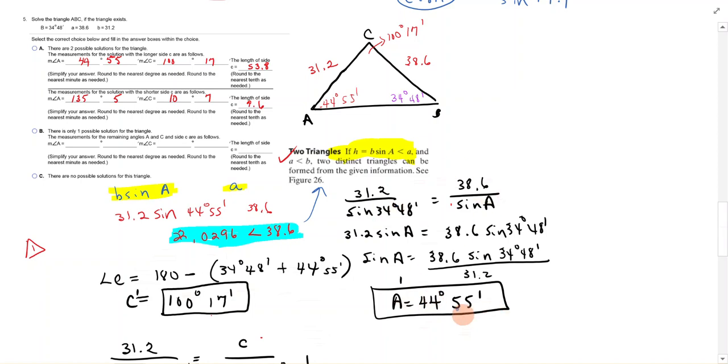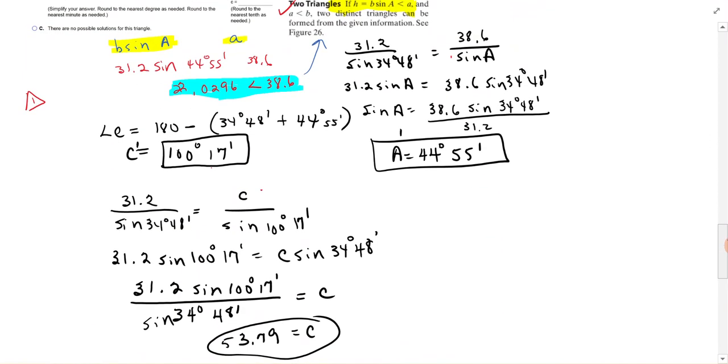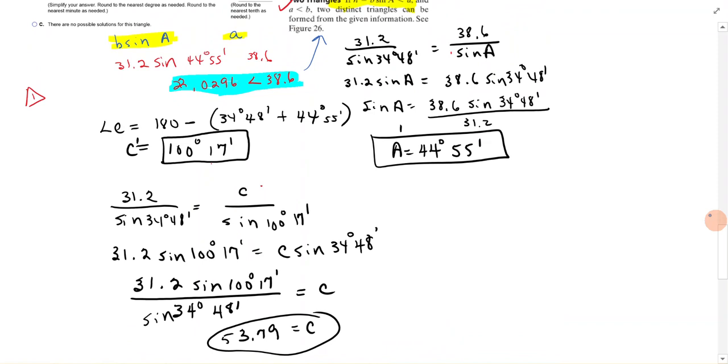You get that angle, then subtract the angle you were given and the angle you found, and you get, I call it C1, that's 100 degrees 17 minutes. And then you can also find side C by using the law of sines. So we had found an angle A, an angle C, and a side C.